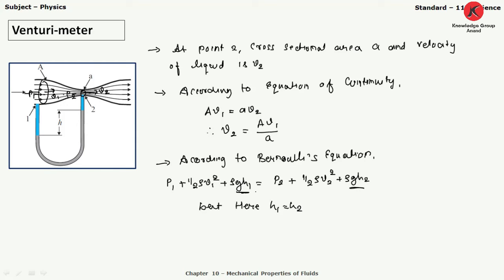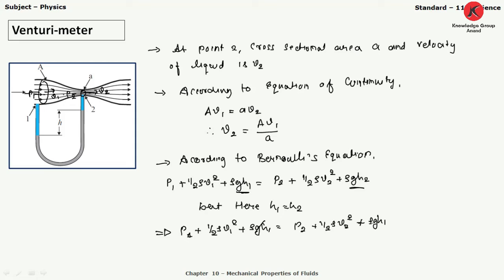Now if h1 is equal to h2, rewriting this Bernoulli equation: p1 plus half rho v1 square plus rho g h1 is equal to p2 plus half rho v2 square plus rho g h1. I am writing h2 equal to h1.